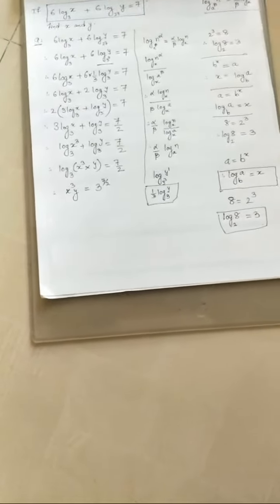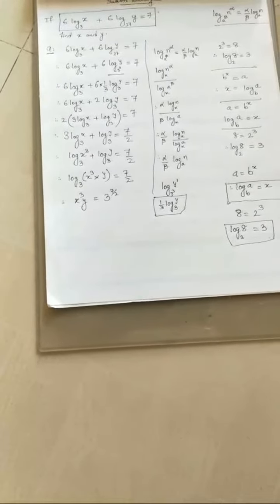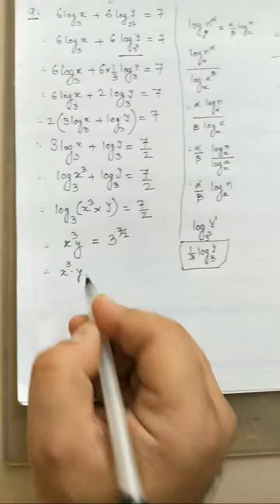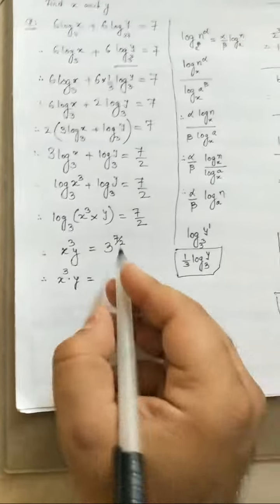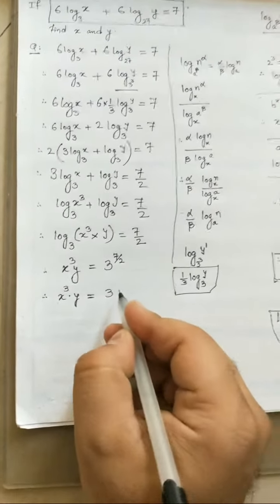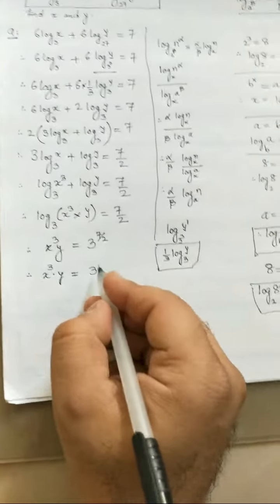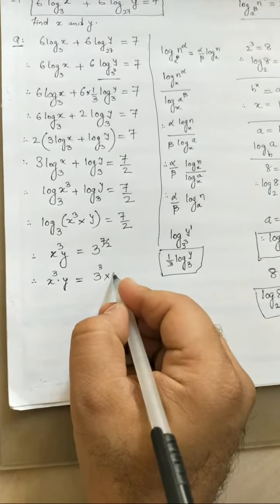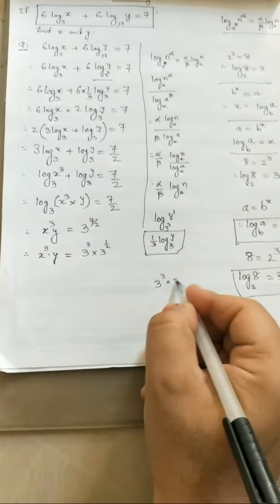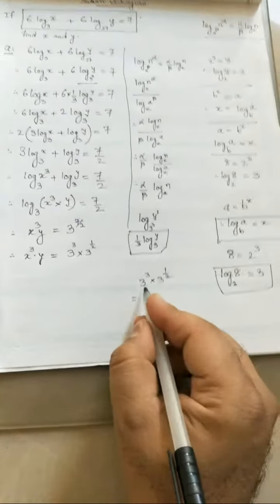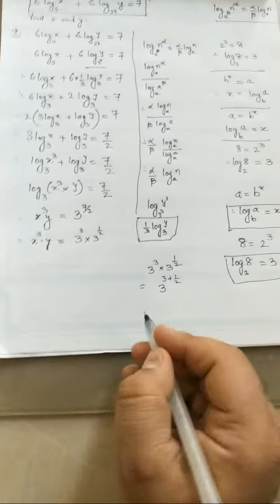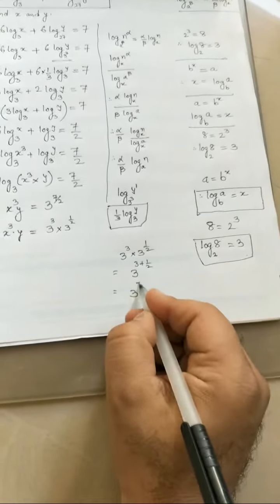x cube y is equal to 3 raised to 7 by 2. And here we can break 3 raised to 7 by 2 into two parts, like 3 raised to 3 into 3 raised to 1 by 2, because bases are same, we can say that 3 raised to 3 plus 1 by 2 is 3 raised to 7 by 2.